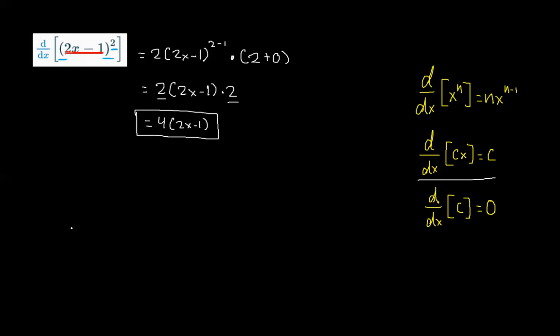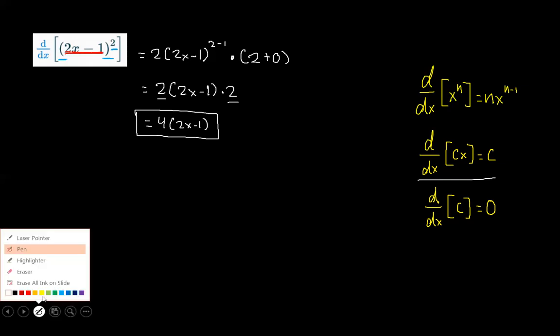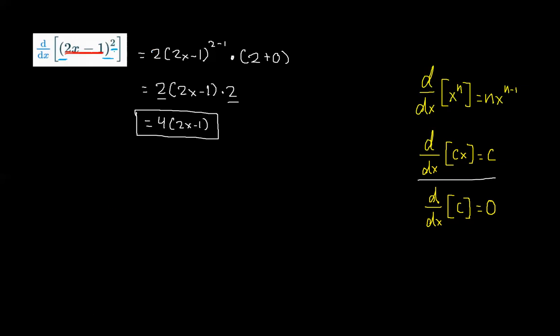Here, the outer part is the exponent of 2. We can imagine that the inner part is just your x, then apply the power rule, so you have this as a result.